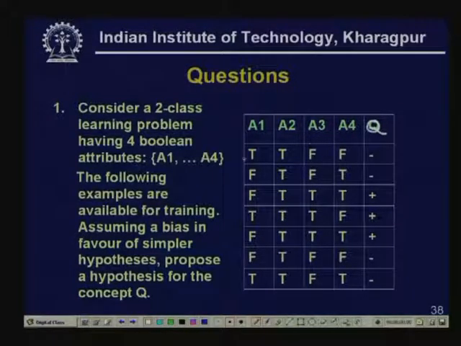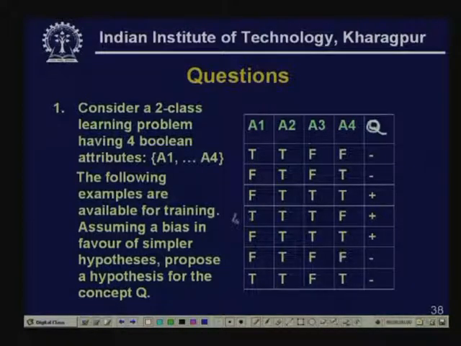So, the training data are, please note down: first example true, true, false, false, it is negative. The second example is A1 false, A2 true, then false, true, its class is negative. Third example, false, true, true, true, class positive.